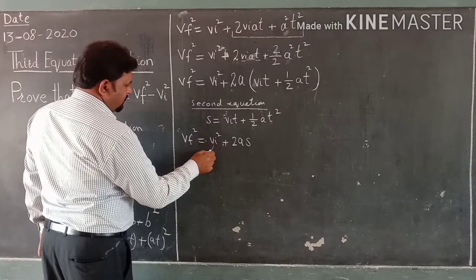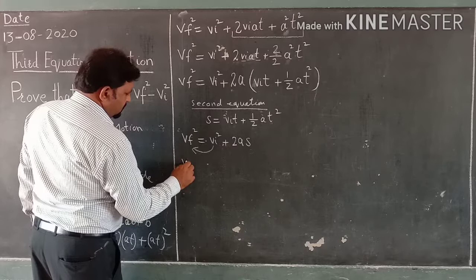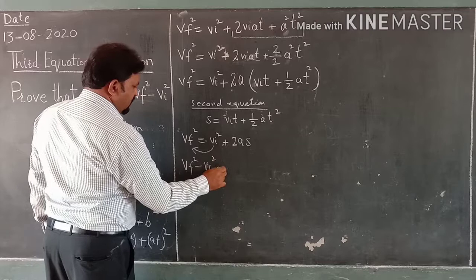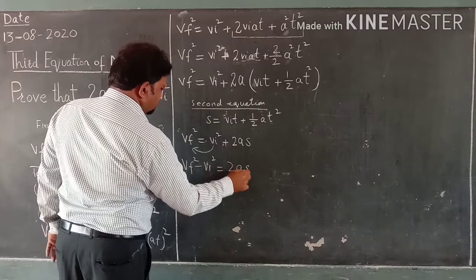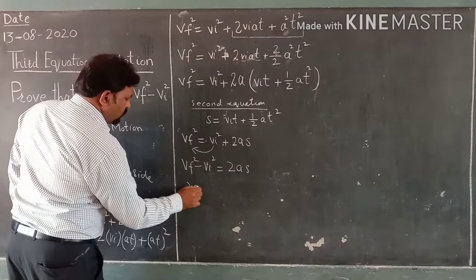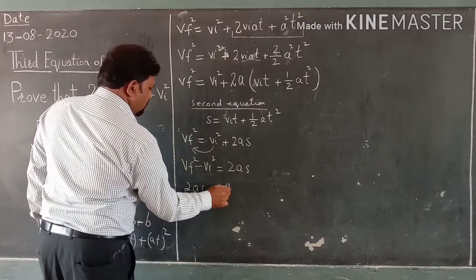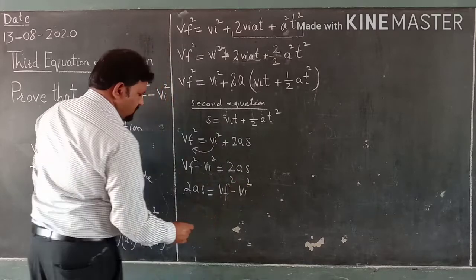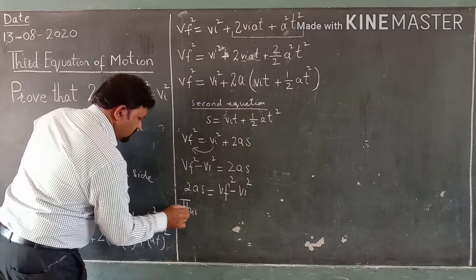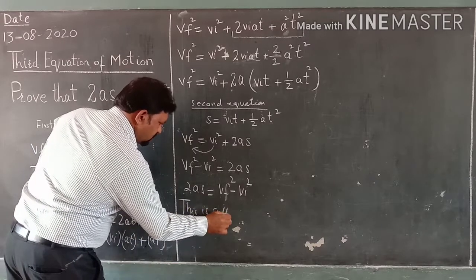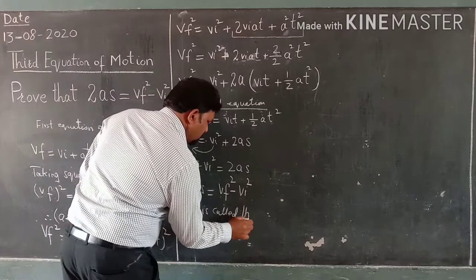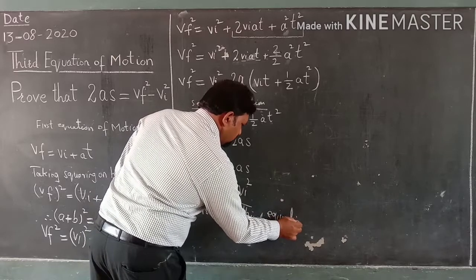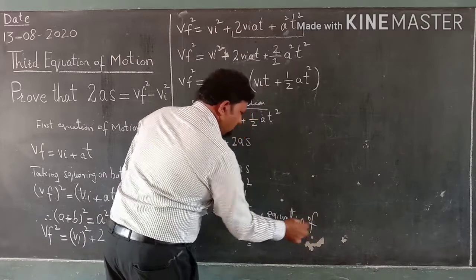When Vi square comes on this side, we will write Vf square minus Vi square is equal to 2aS, or 2aS is equal to Vf square minus Vi square. This is called the third equation of motion.